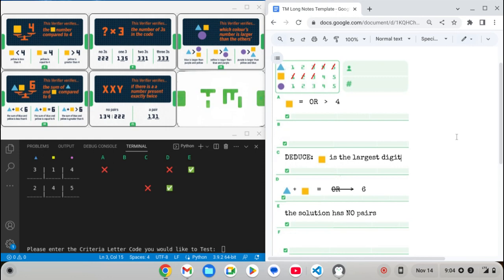Okay, so did that help us out? We still haven't definitively. Let's see. So if 4 is the value, that would make triangle 2. And then the only viable solution would be 2, 4, 3, because how would you distinguish between 1 and 2 if there is no 3?